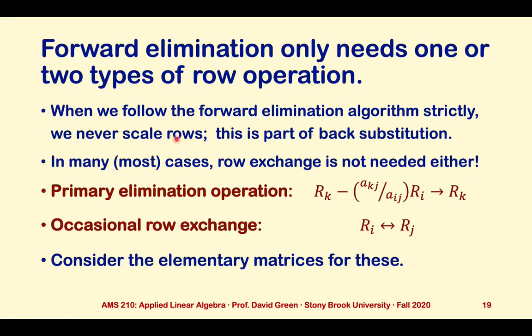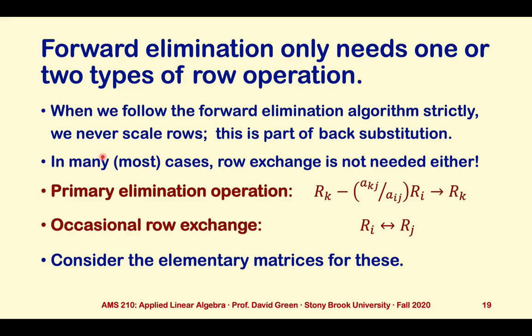Scaling rows is part of back substitution, right? Part of taking us to a reduced row echelon form where the pivot variables are all 1. We do not need to do this during forward elimination. And in fact in most cases, row exchange is not needed either. Finding a 0 in a particular pivot that we need to do an exchange to correct is a fairly rare thing in the grand scheme of the space of matrices.